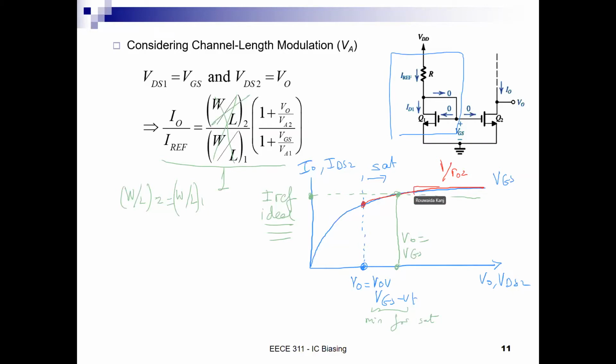Meaning delta I by delta VDS, if you recall from 310, it varies according to the value of VA, and the value of VA determines to us the effective intrinsic output resistance, little RO, and the slope of IDS versus VDS is 1 over RO2. Okay? So, in our assumption here, we are assuming that VA2 equal VA1, also that the devices have the same length and they share the same material, VA prime is the same. Anybody has a question about those 2 points here?